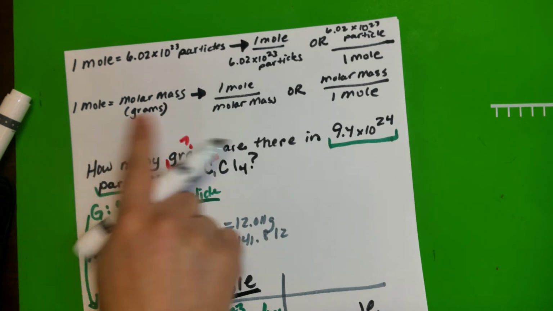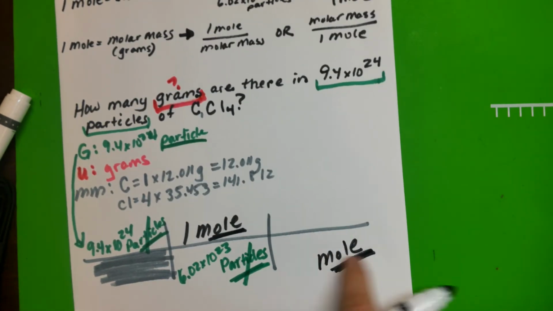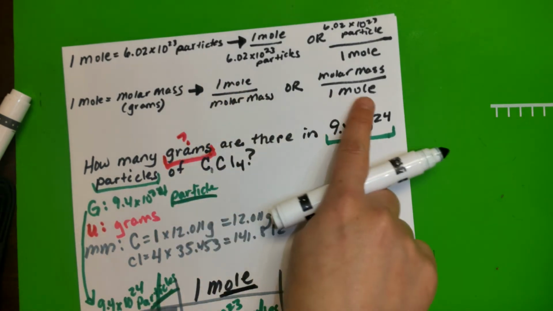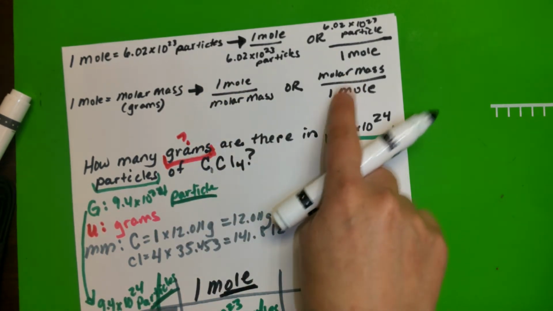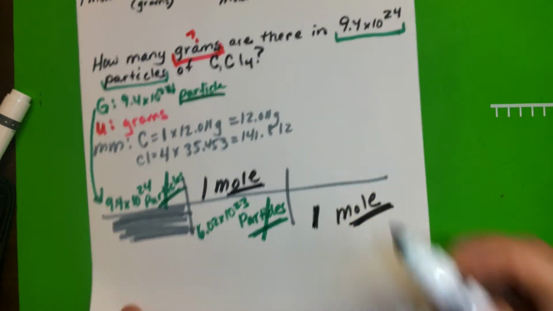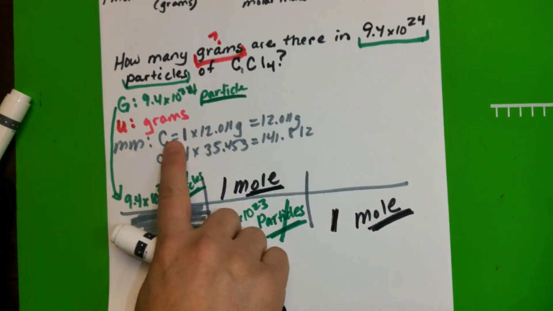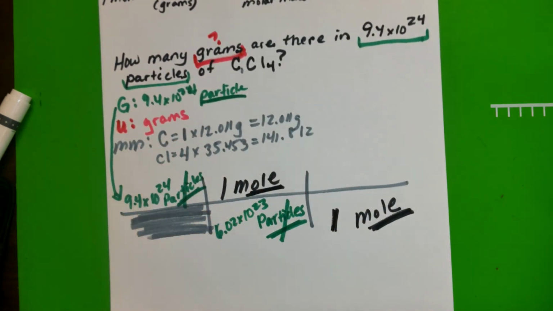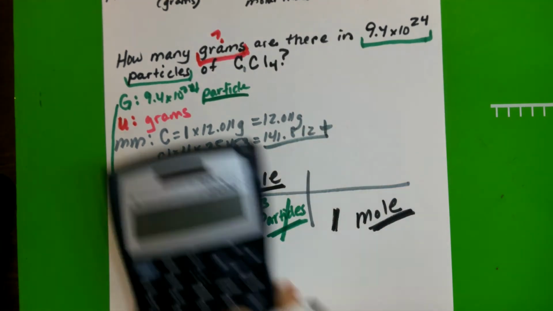Now you have to convert the molar mass. If mole is on the bottom, then we have to pick the one that has mole on the bottom. So it will be 1 mole, and then the molar mass, which I forgot to add, sorry.